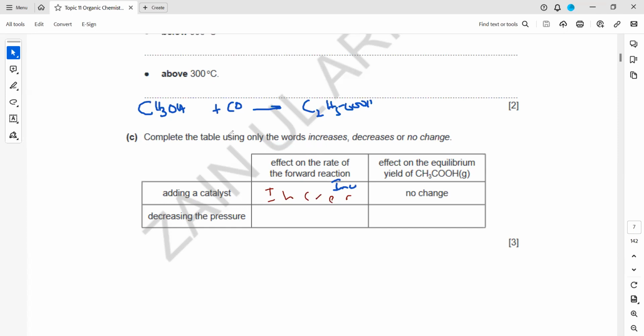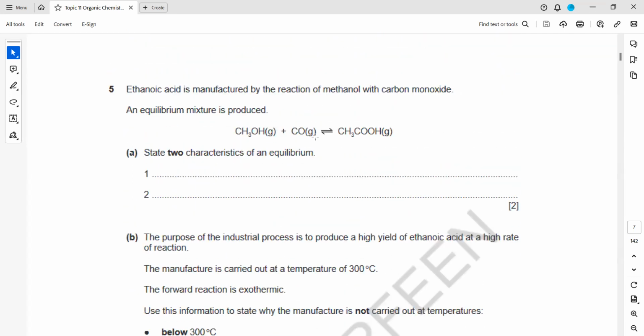If we decrease the pressure, you have to check the reaction first, the number of moles of gas. Here we have 1 + 1, 2 moles of gas, and here we have 1 mole of gas.